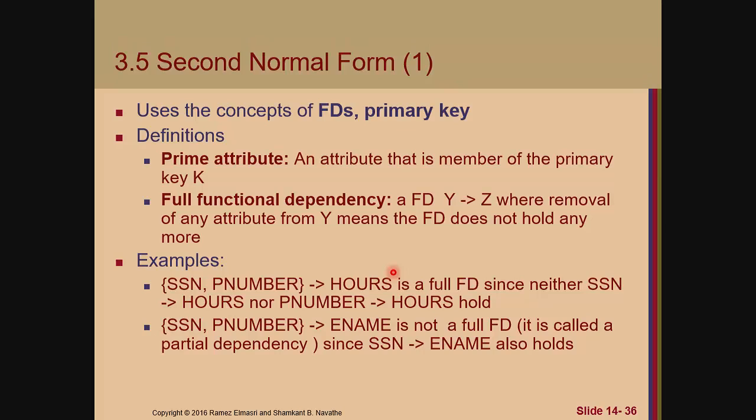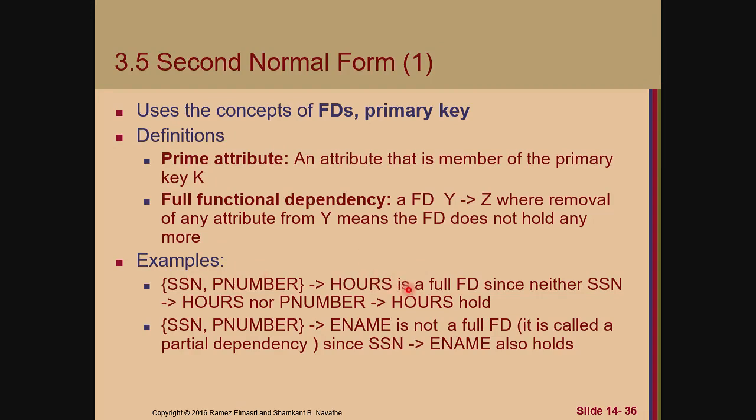Okay. So the second normal form concept is full functional dependency. If the key has two prime attributes, SSN and P number, the other attributes have to depend on all of the prime attributes.